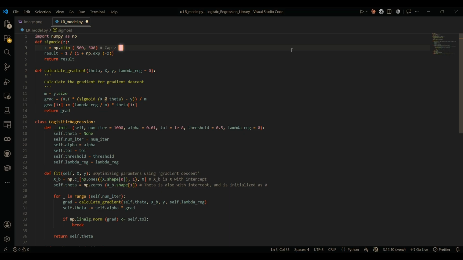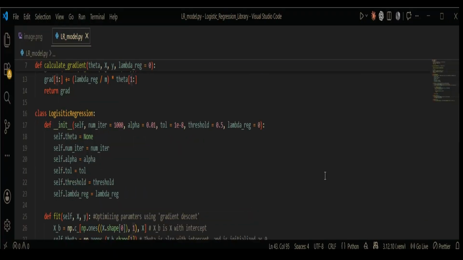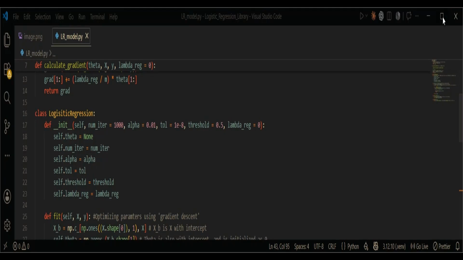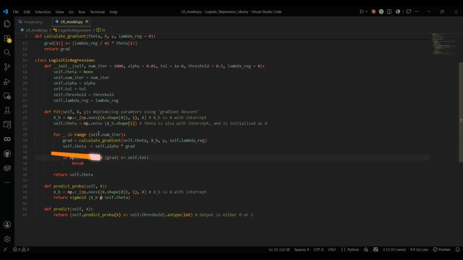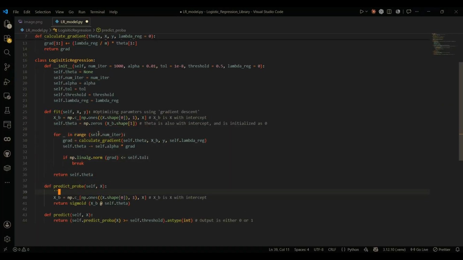Cap z to prevent overflow. Okay, I think that's it. And now we should test this model. So far, so good. I will just write something here for more description.